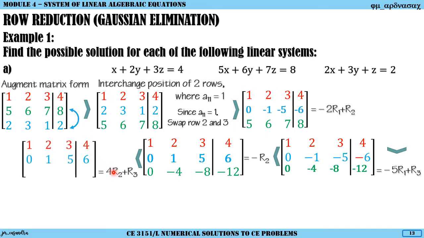So we'll have now 4 times 0 plus R3 is equal to 0. 4 times 1 plus negative 4 is 0. 4 times 5 plus negative 8, we have 12. And 4 times 6 plus negative 12 is 12. And then, lastly, we now change the third element on our diagonal equal to 1.